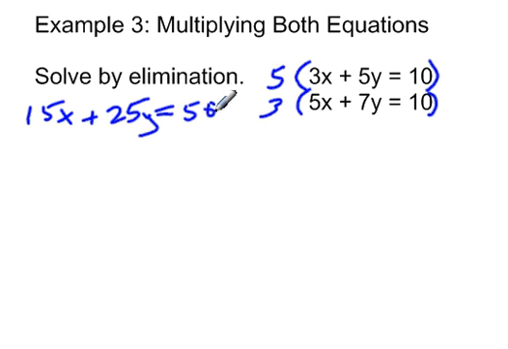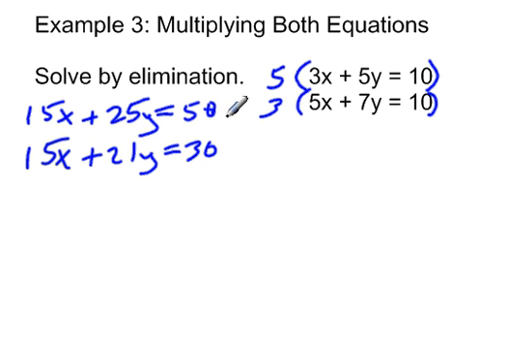Now I'm going to take my 3, multiply it times 5x, and I get 15x. Now 3 times a positive 7y will give me plus 21y. And 3 times that 10 is going to give me 30.